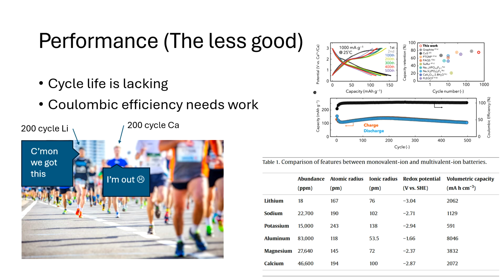This lowered cycle life means that you will have to be replacing calcium ion batteries much more frequently than a lithium ion battery. In addition, the coulombic efficiency also needs work.